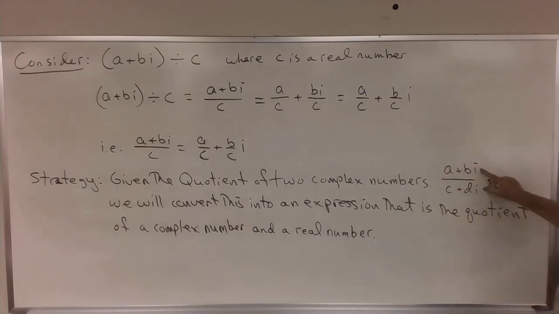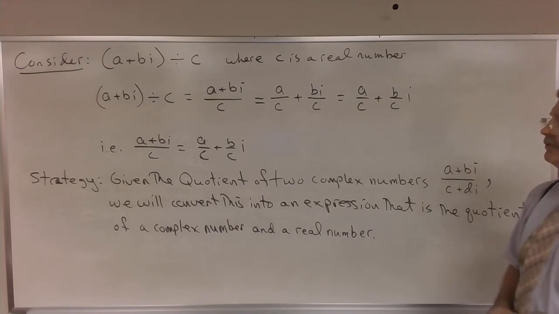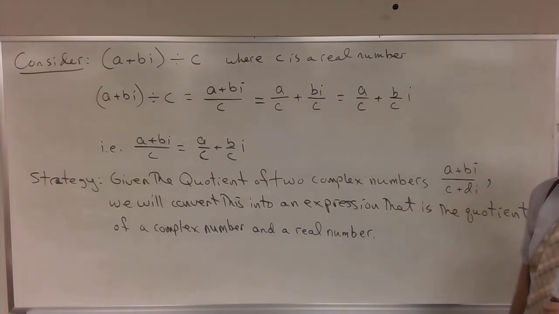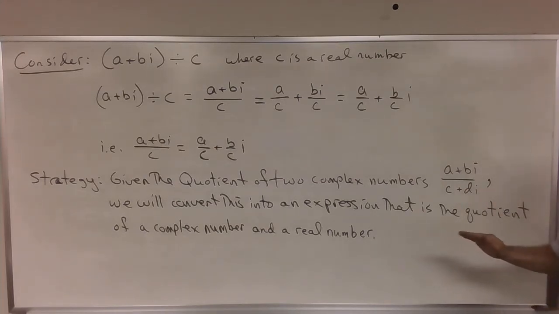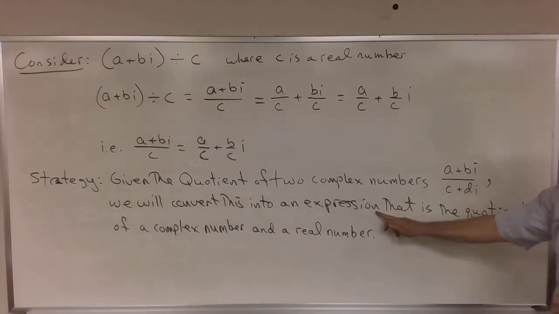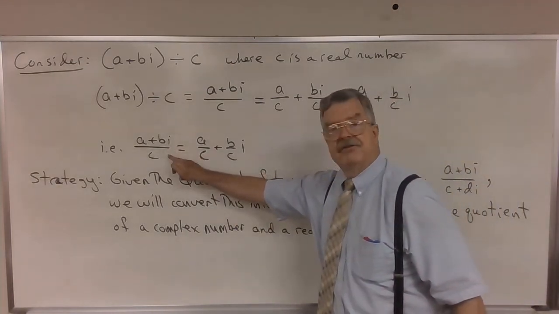I'm going to take this thing, the quotient of two complex numbers, the thing that I don't know how to compute, and somehow I'm going to rewrite it as an expression that is the quotient of a complex number and a real number, because I figured out up here that I know how to do that. So I'm going to take something that I don't know how to do, dividing one complex number by another complex number. And I'm going to convert that into an expression that I do know how to work with, namely the quotient of a complex number and a real number.